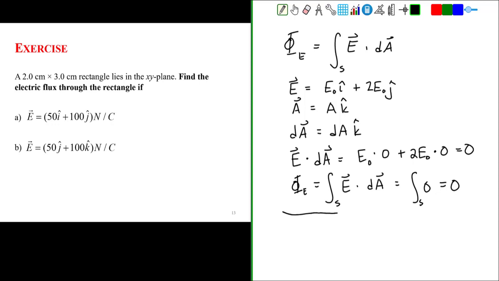Well, let's look at this. Let's evaluate the dot product alternatively using the cosine. We have the dot product between the electric field and the area vector is going to be equal to the magnitude of the electric field times the magnitude of the area differential times the cosine of the angle between the electric field and the area vector.